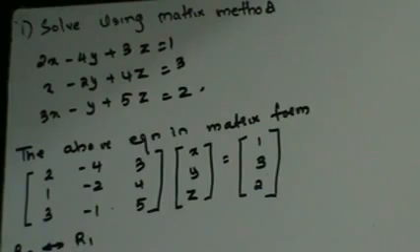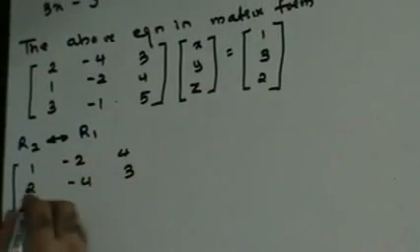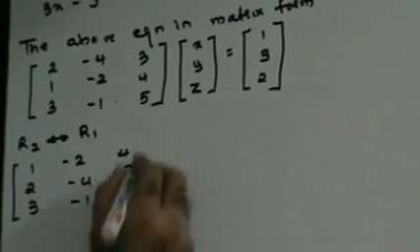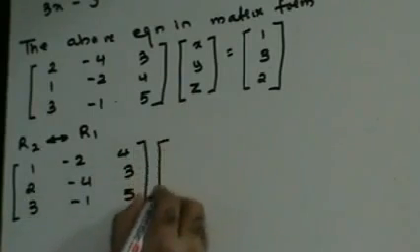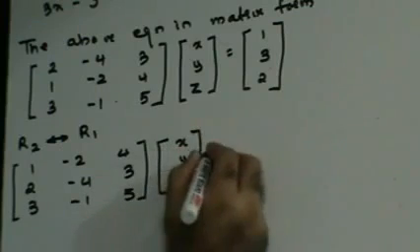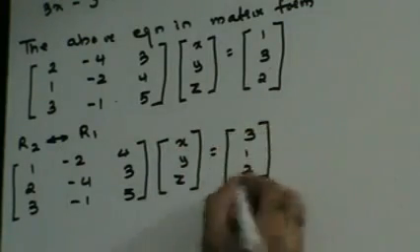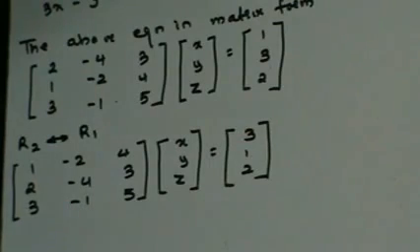If I interchange R2 and R1, I'll get 1, minus 2, 4, 2, minus 4, 3, 3, minus 1, 5, times x, y, z, equals 3, 1, 2. No, you don't change the x, y, z. You've already done one change on the left hand side, so you do the same change on the right hand side. I've changed this to 3, 1, 2.